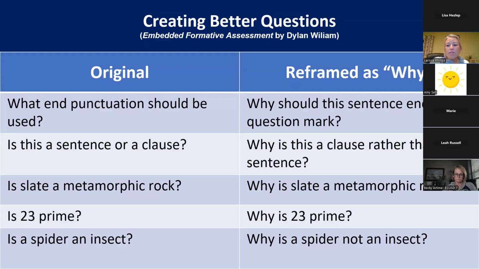So thinking about how we can reframe questions as why to make them more powerful. This prompts students to move beyond that surface level recall toward deeper reasoning and evidence-based thinking.